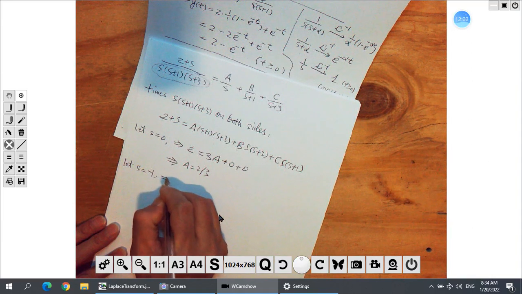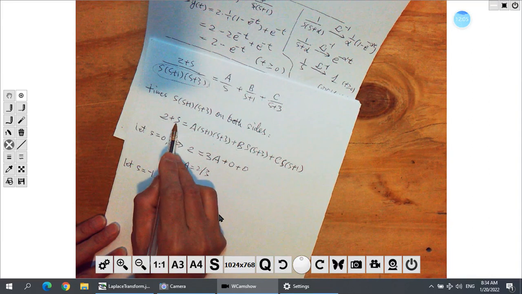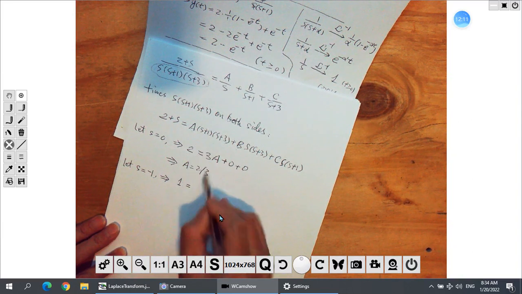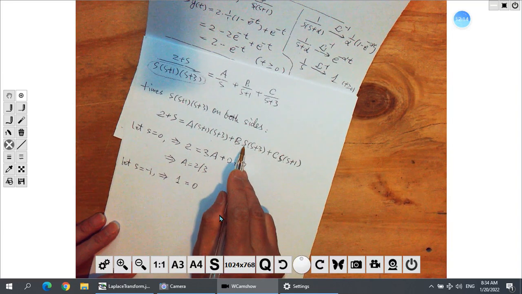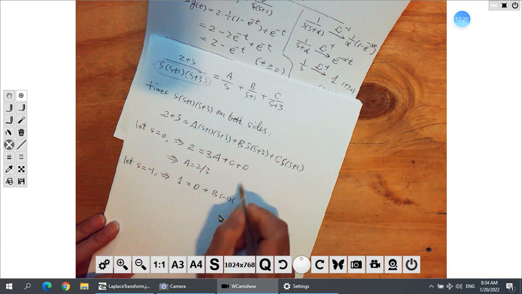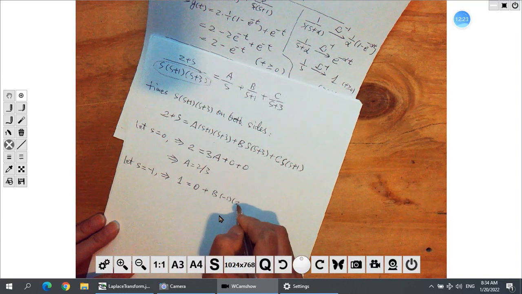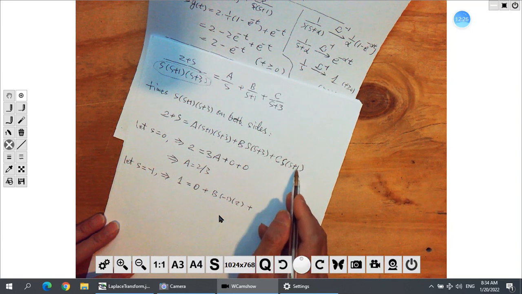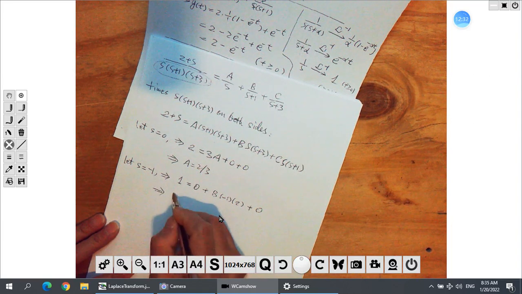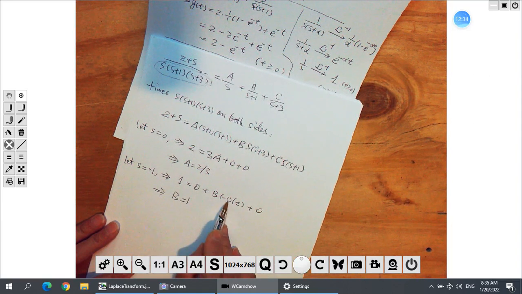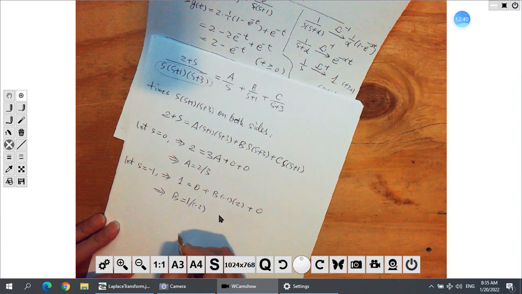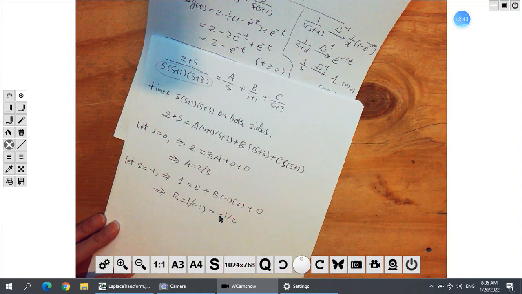Then I get 2 minus 1, which is 1, equal to 0 for the a term, plus b times -1 times (-1 plus 3), that is 2, and plus the c term, where s plus 1 is 0, so it is 0. Then b is 1 over -2, and we prefer writing it this way: -1 over 2. This is b.